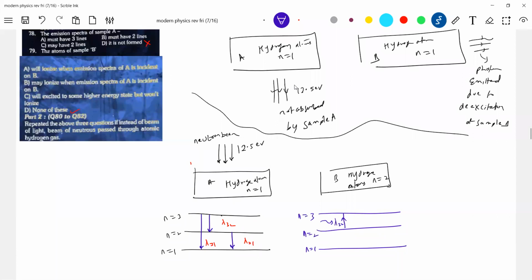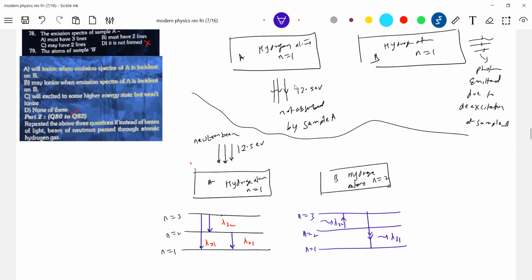Then again, it will give out lambda 3. It can ionize also. For lambda 3-1 and lambda 2-1, for both it can ionize.